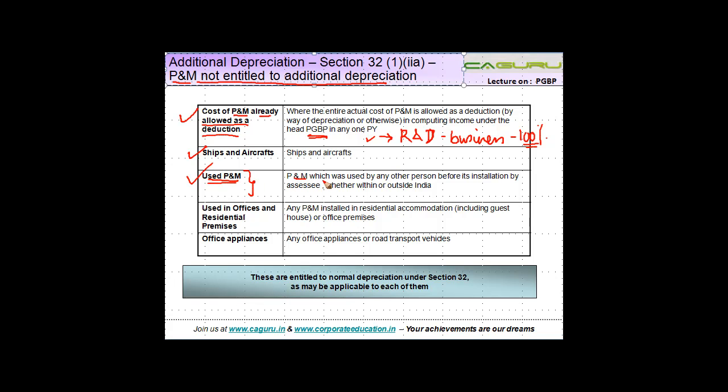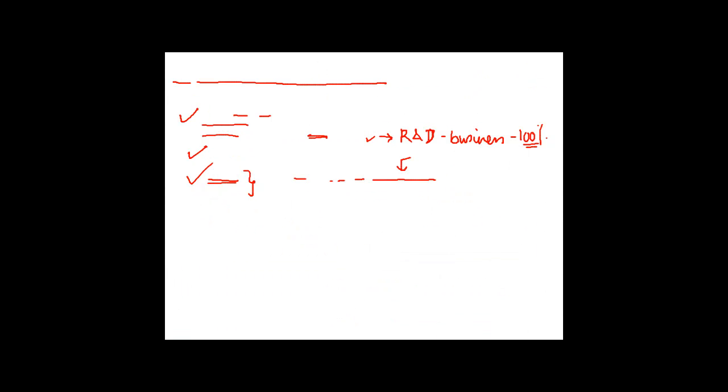Plant and machinery which was used by any other person. So suppose you had person A and person B. A was using some kind of plant and machinery for his business, and then he transferred this to B. So B got this plant and machinery and started using it for the purpose of business.